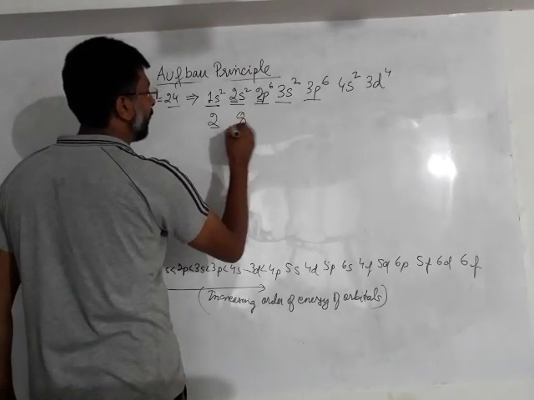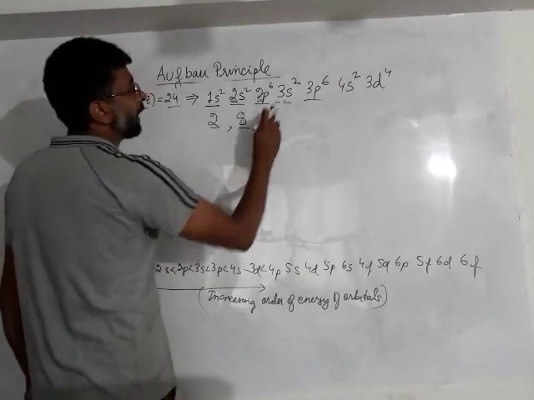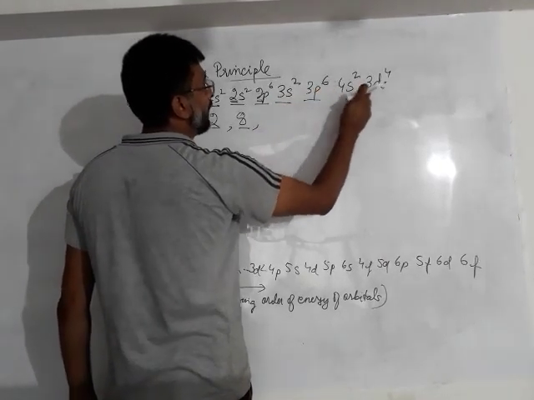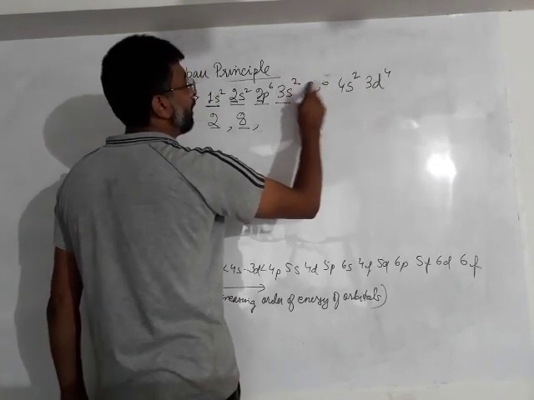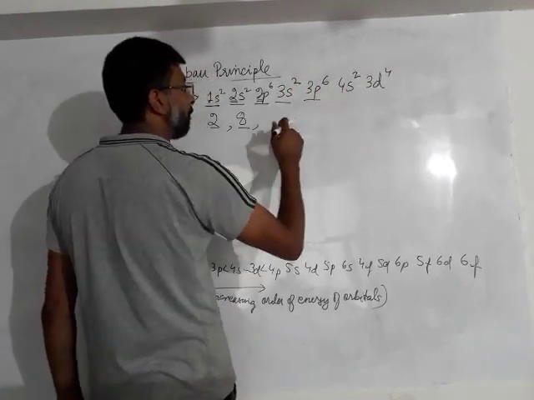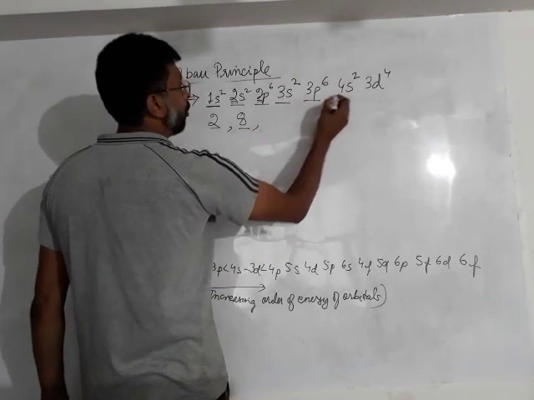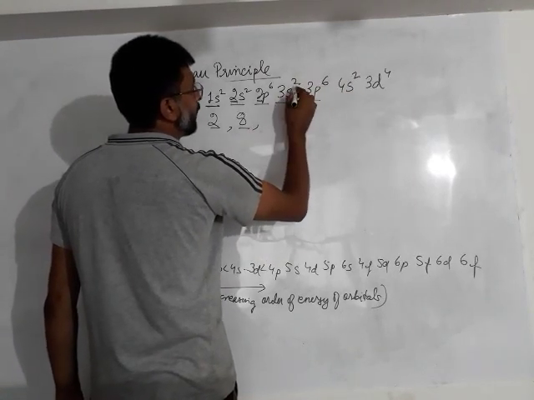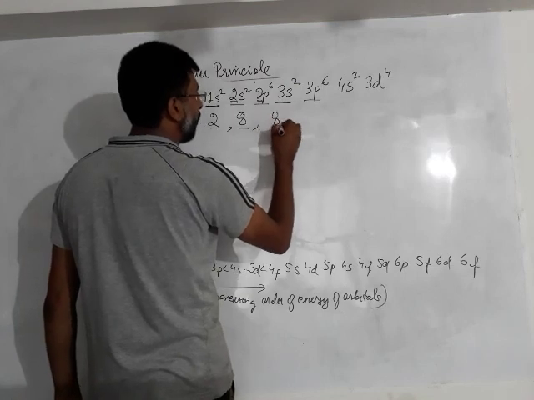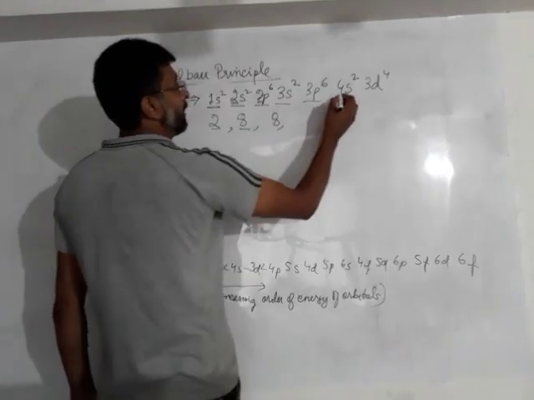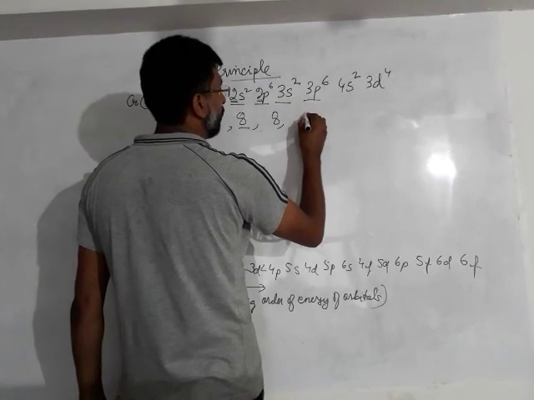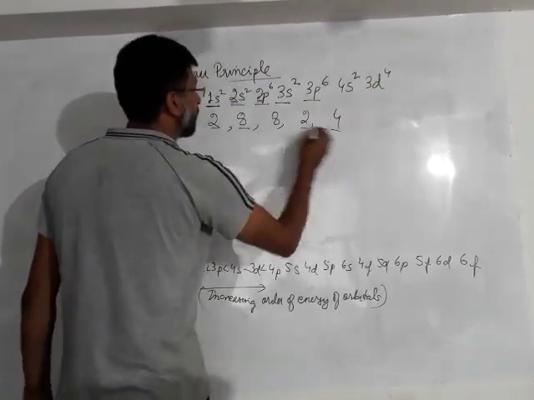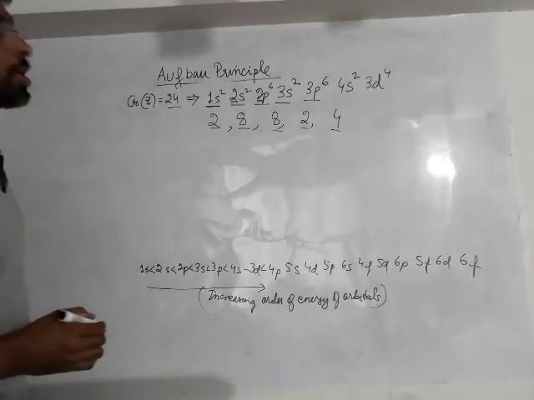After that, the third shell has 3s2, 3p6 and 3d4: 6 plus 2 is 8, plus 4 is 12. You can put 12 over here, but before that comes 4s2. So over here we have 4s2, 2 electrons, and 3d4, 4 electrons. This is how we get the electronic configuration of chromium.